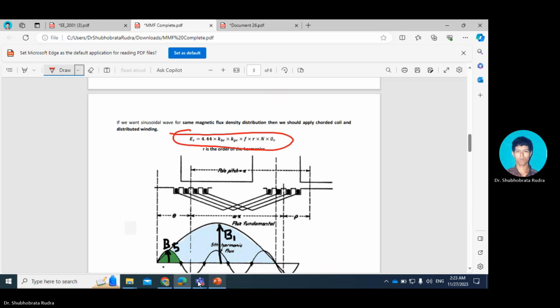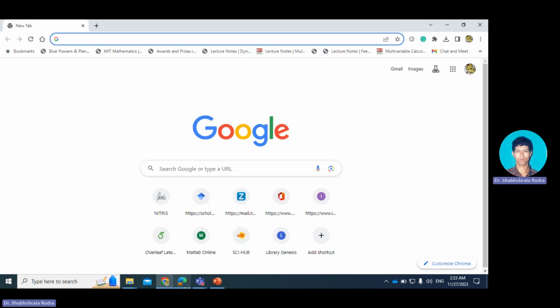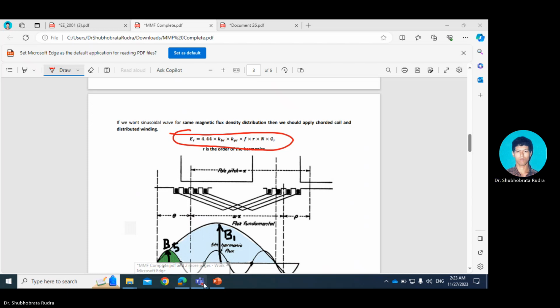Now, unless specified, we'll always consider that only the basic fundamental MMF is present. Now let us go back to the problem.